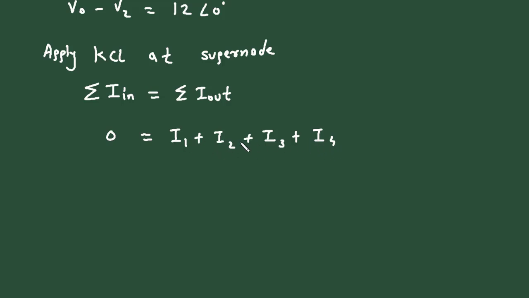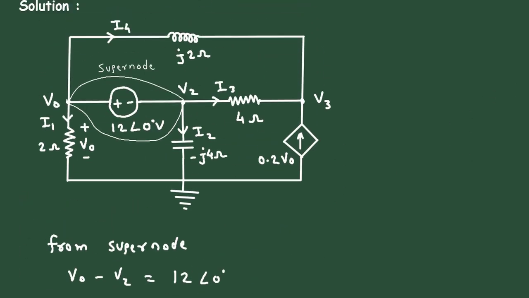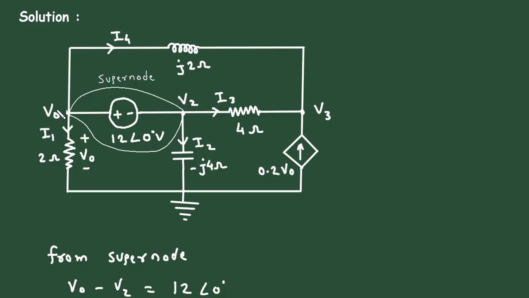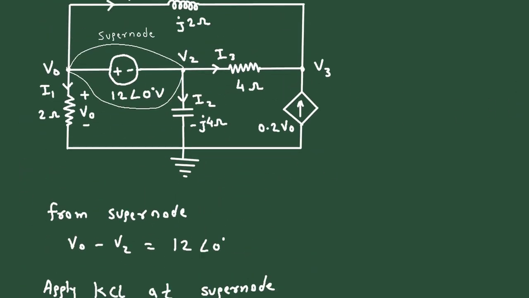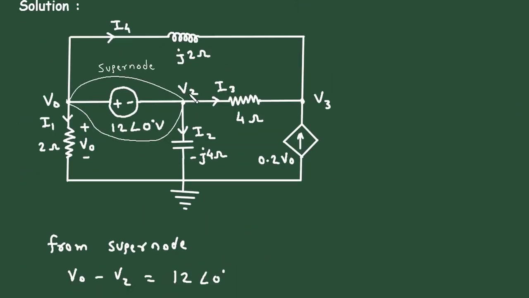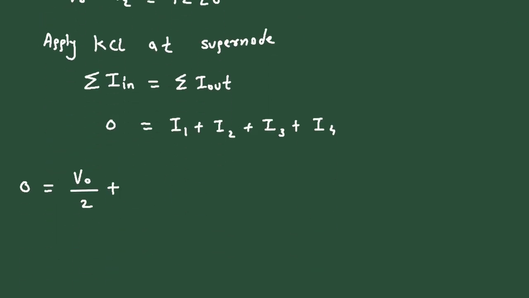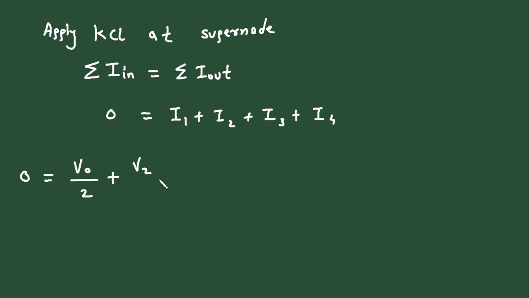Now let's write I1, I2, I3 and I4 in voltage form. So 0 is equal to, now this I1 is VO minus 0 divided by 2, then plus I2. Now this I2 is V2 minus 0 divided by minus J4.